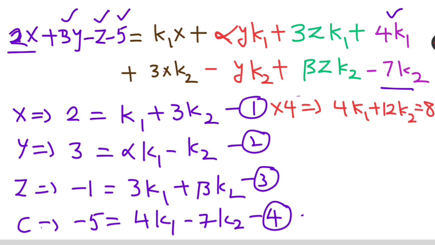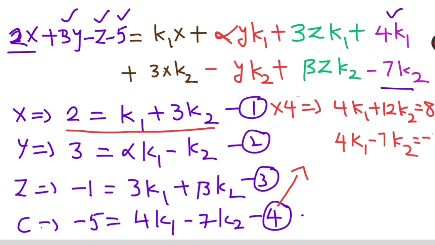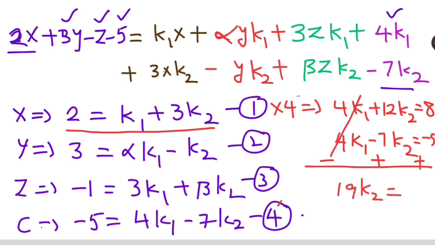Because I am multiplying both sides by 4 for the first equation, I take the fourth equation, which is 4k1 minus 7k2 equal to minus 5. When you subtract, the signs change, and 4k1 minus 4k1 gets cancelled. So 12 plus 7 gives 19k2, which is equal to 8 plus 5, which gives 13. So the k2 value is 13 over 19.